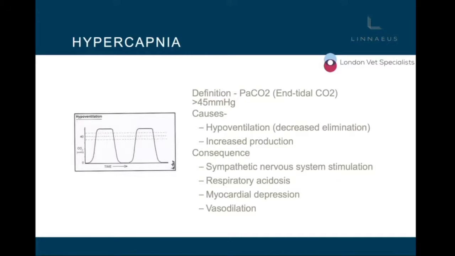So a mild hypercapnia may cause this mild increase in sympathetic nervous system stimulation. But if that progresses to become a more moderate or marked hypercapnia, we start to lose that beneficial effect, and it will cause a significant respiratory acidosis and directly depress the ability of the heart to contract. It also causes vasodilation, which may reduce the amount of blood which is returning to the heart if the blood is all stuck within these venous capillary beds.